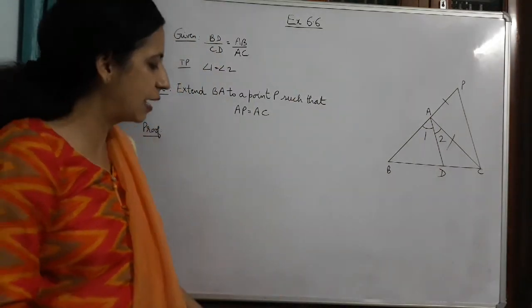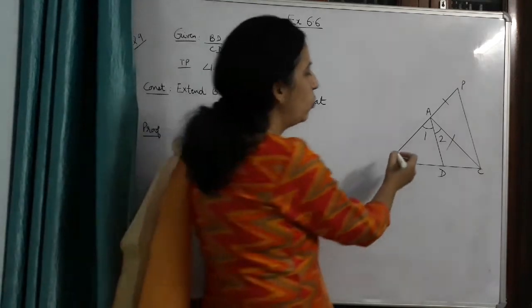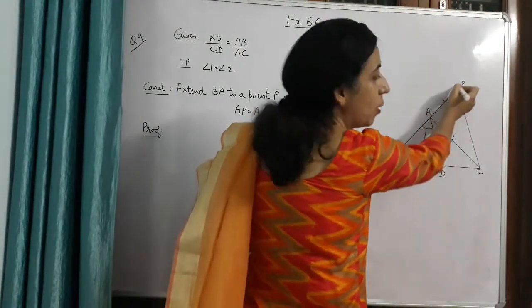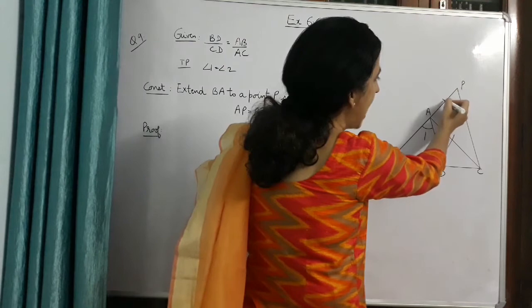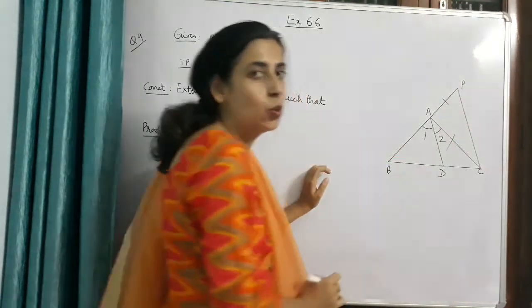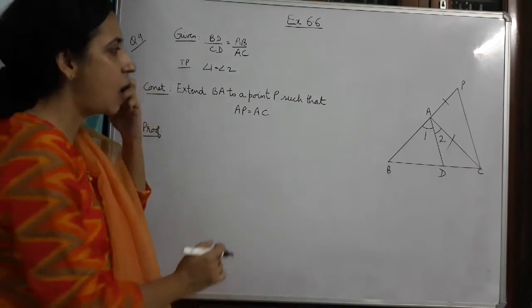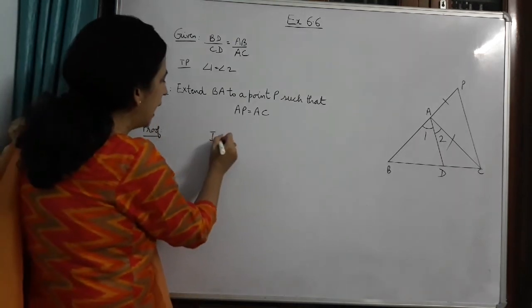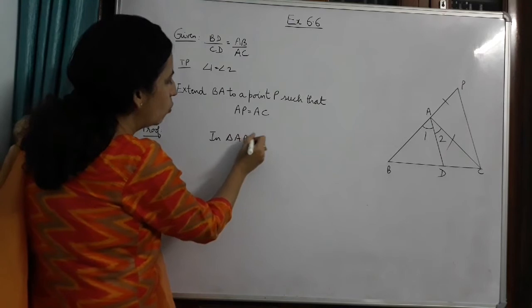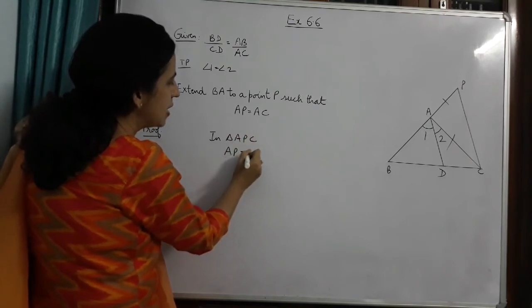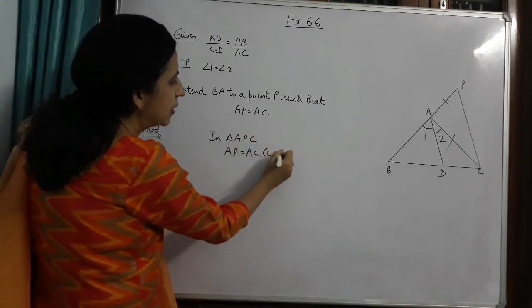Now over here again we do a construction. We extend BA to a point P such that AP is equal to AC. This is the construction which we have done. Now in triangle APC, we have AP is equal to AC by the construction.